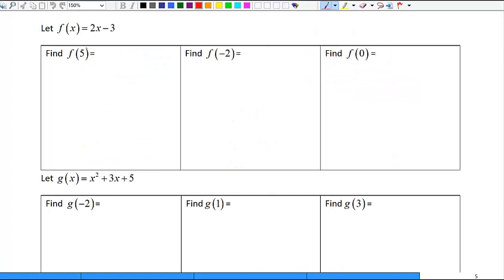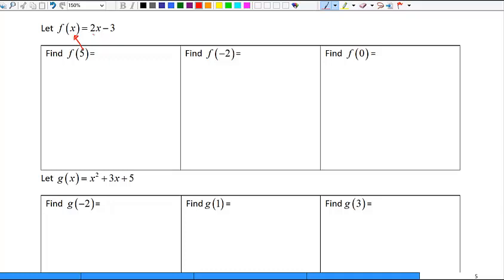For the next three problems, we're going to use the function f of x equals 2x minus 3. The first problem has f of 5, so we're evaluating the function at the given value 5. Notice that the 5 is in place of the x.